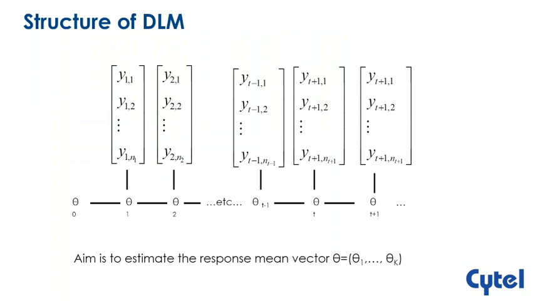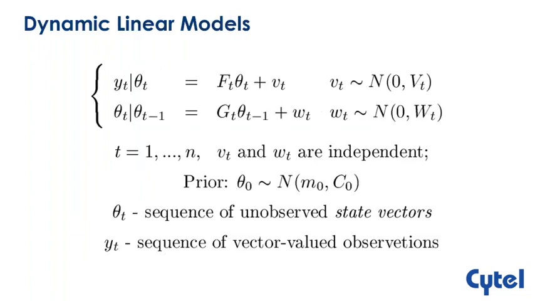So if we set up the data structure to let theta sub i or theta sub t indicate the mean response at each dose for doses 1, 2 up to some number of doses, and 0 dose as placebo, then obviously the aim is to estimate the mean response vector. And the model that's used is on this slide. It's very straightforward.